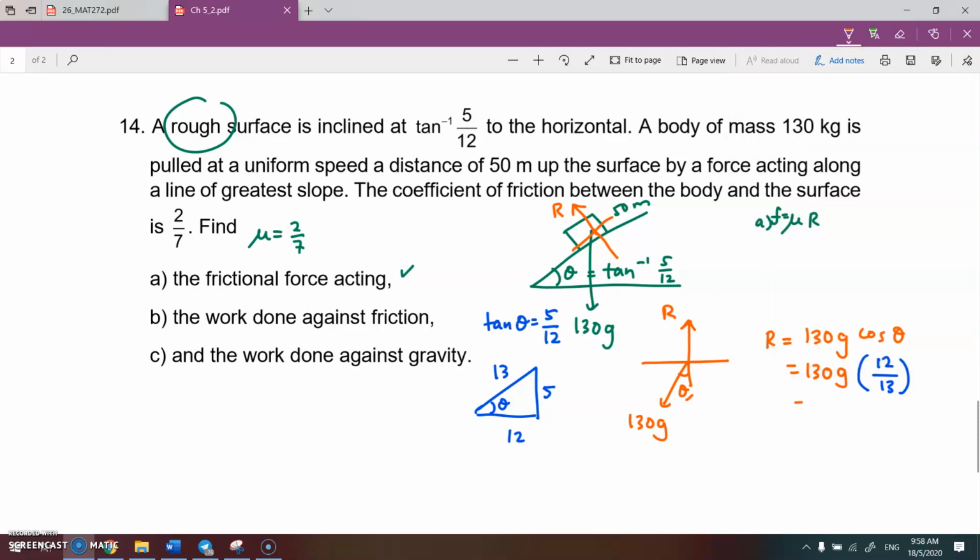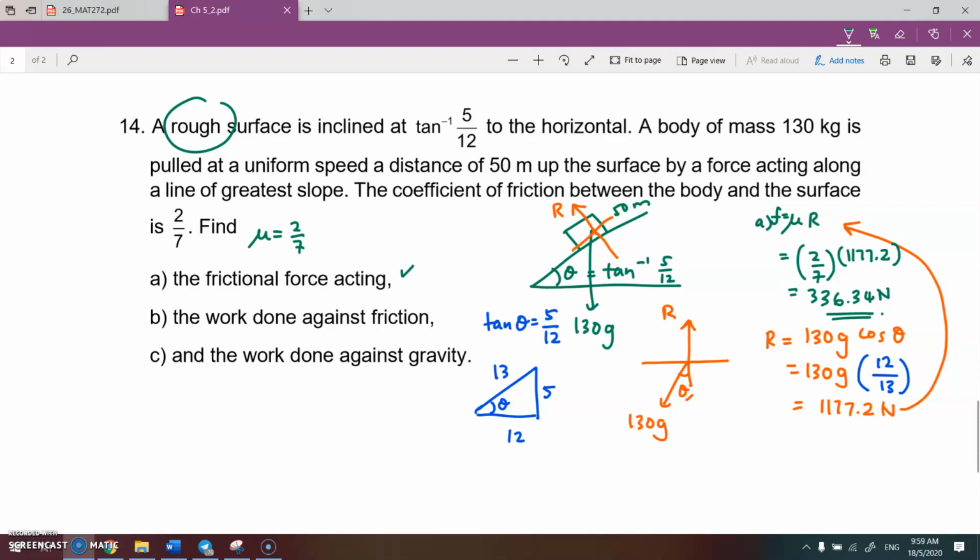So your answer for R is 1177.2 Newtons. Now substitute back into the equation: mu is 2/7 times 1177.2 Newtons, so your answer will be 336.34 Newtons.